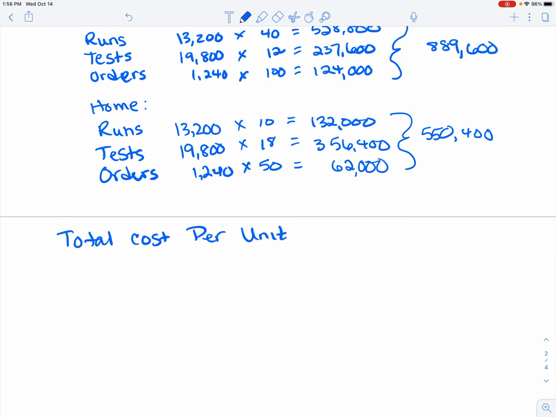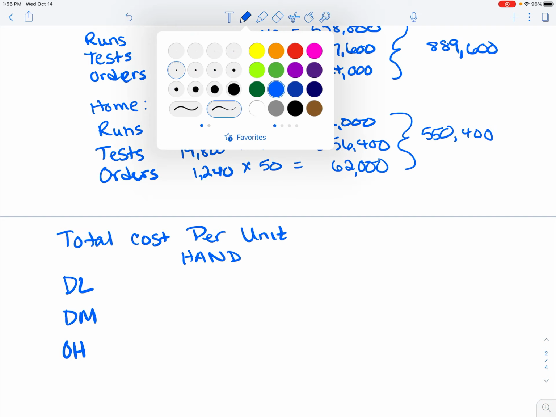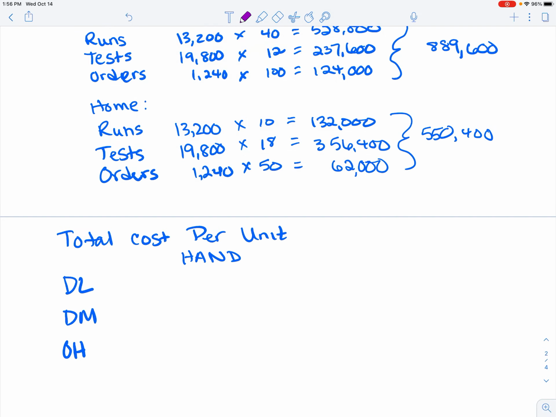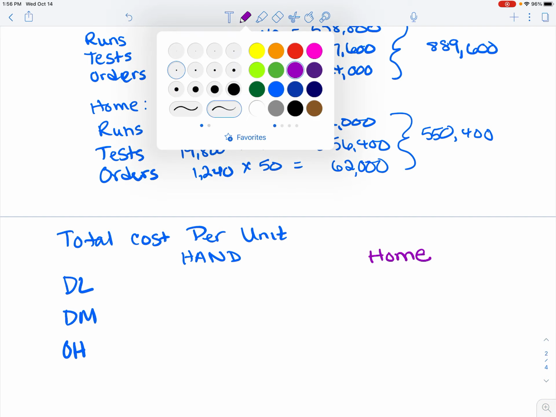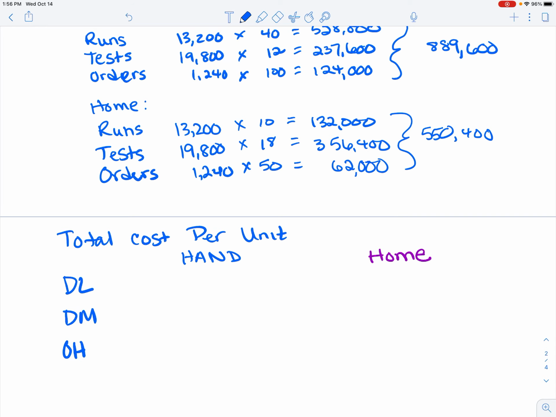We have direct labor, direct materials, and now our overhead. We're going to look at both the hand product and the home product. So let's look at the hand product.